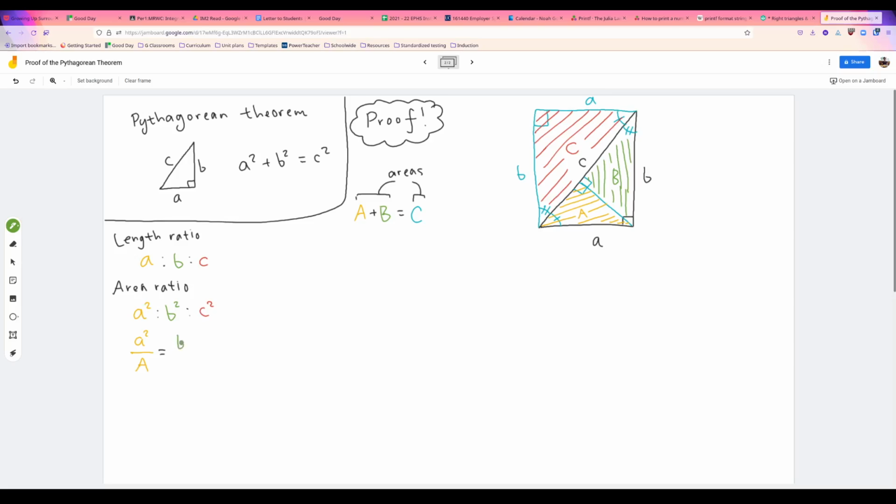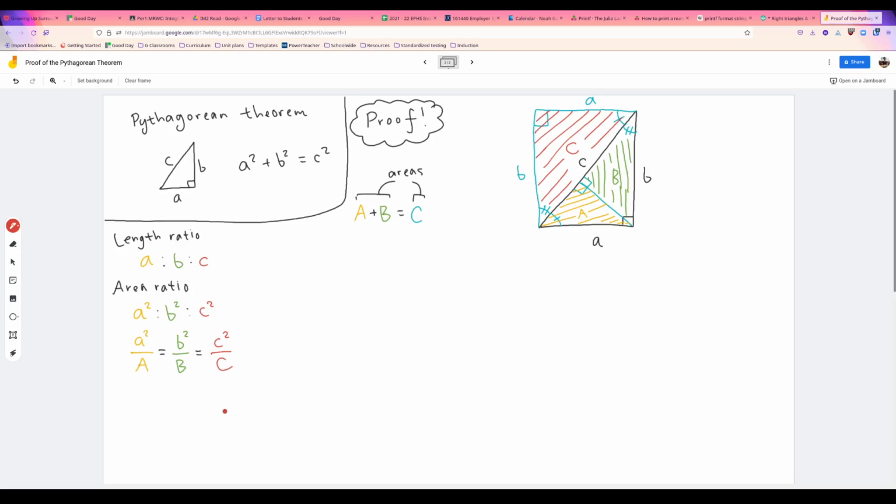Is equal to little b squared over capital B. Remember, these two sides are corresponding in the similarity relationship, the a and the b. So little b squared over capital B is equal to little a squared over capital A. And then little c squared over capital C is also equal to both of those. Okay, so all these ratios are equal.